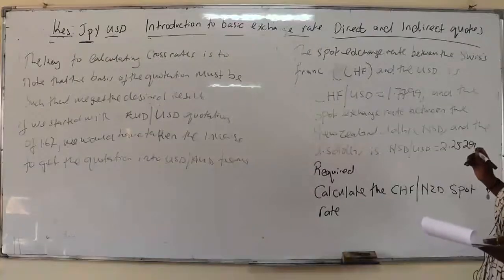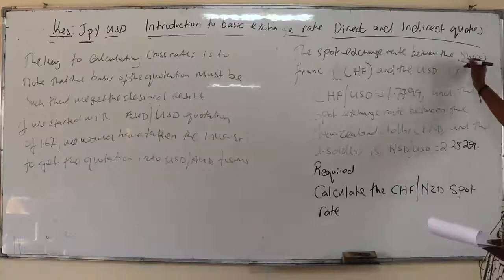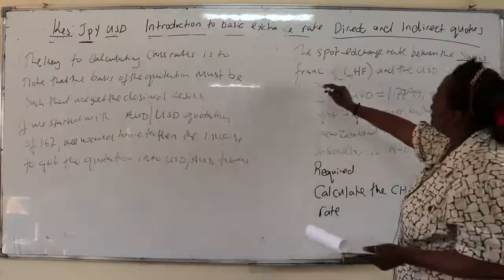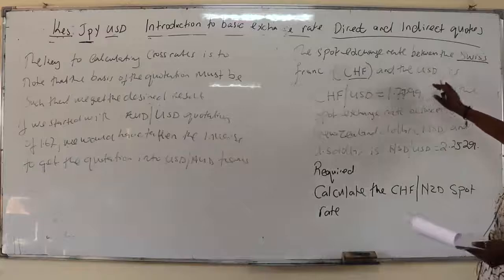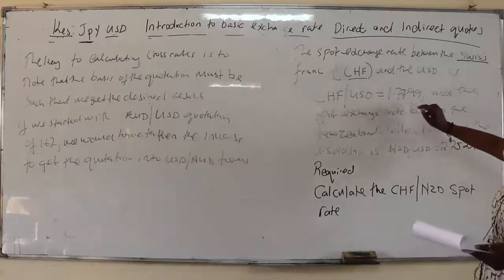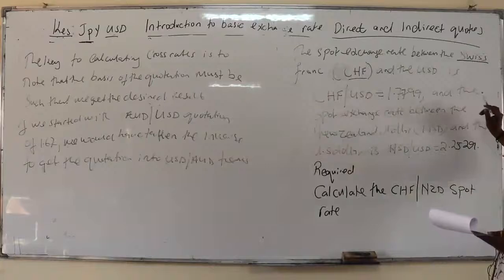So from this question, we want to see the spot exchange rate between the Swiss franc and the US dollar. This is the symbol for Swiss franc. And the US dollar is 1.7799.